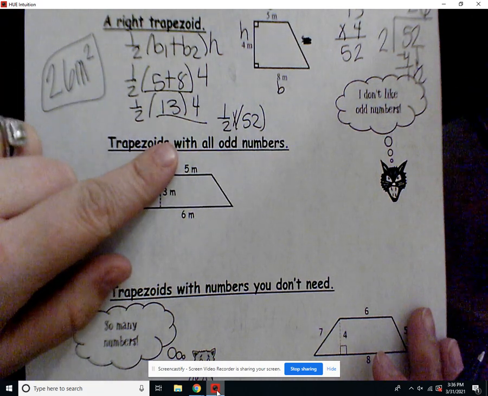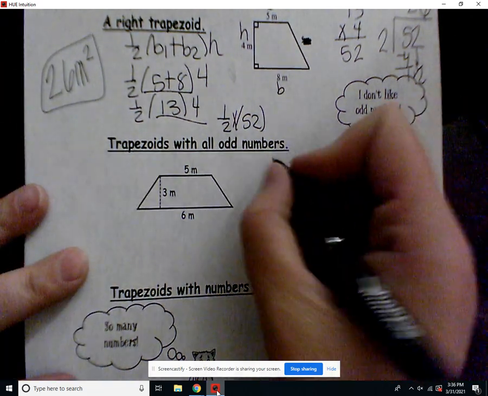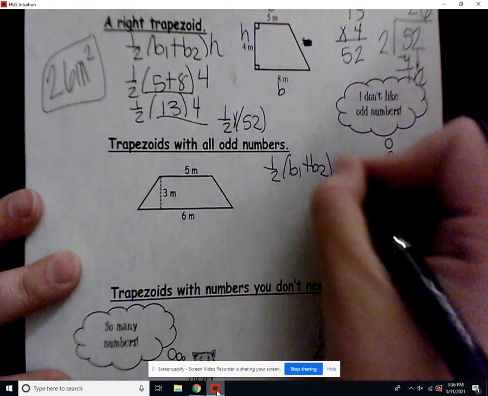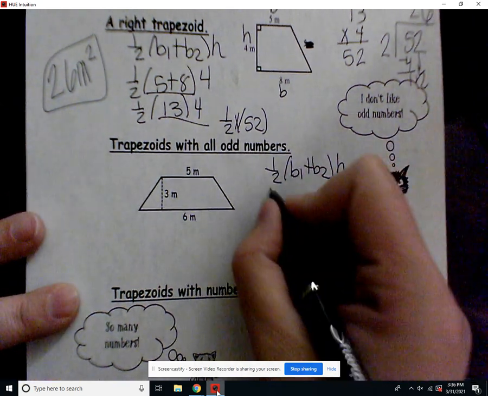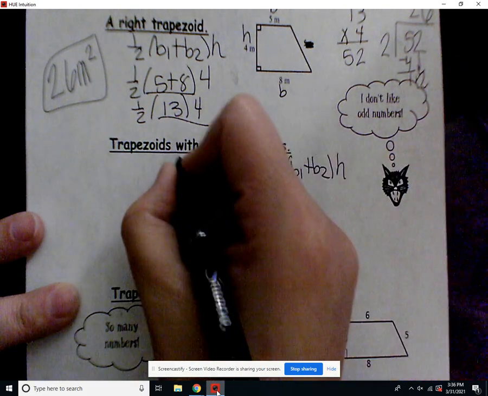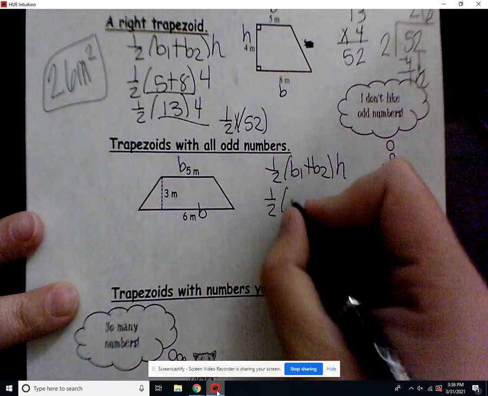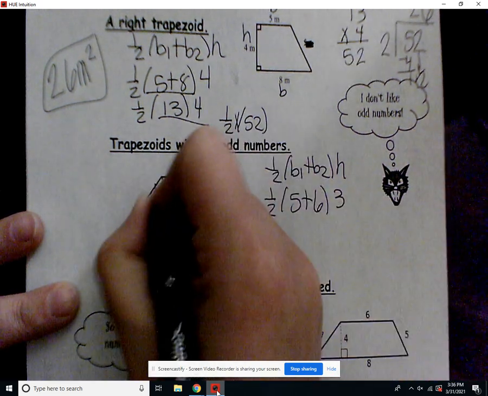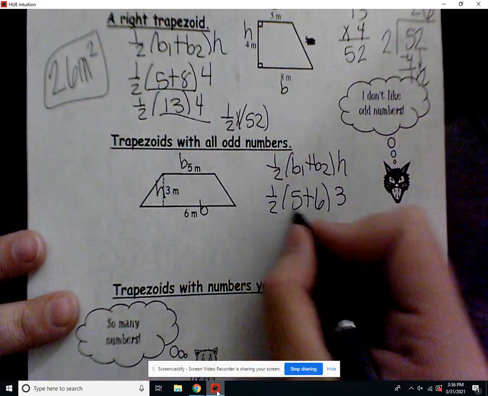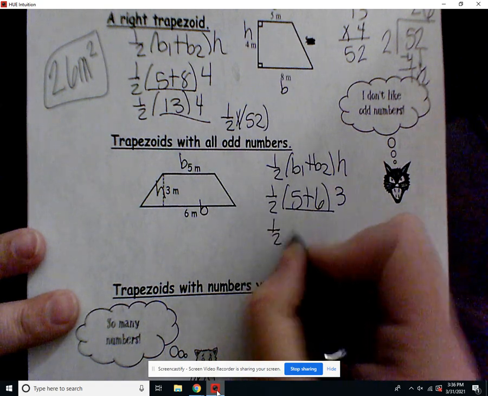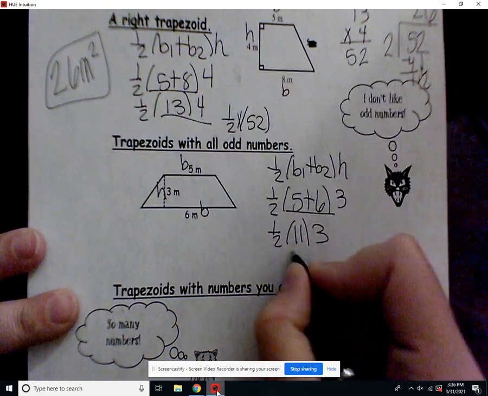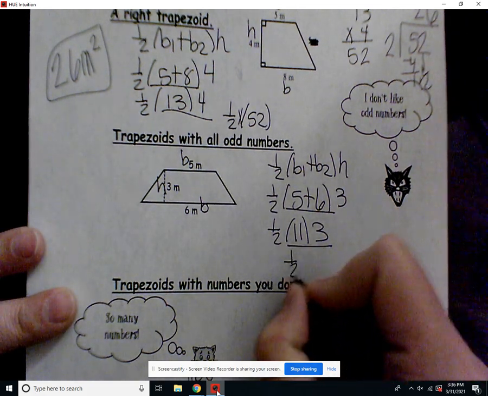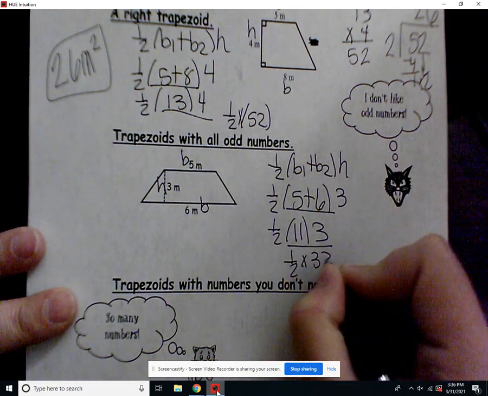All right, so trapezoids with all odd numbers. So it's solved the same way. Base 1 plus base 2 times our height. So your bases are top and bottom. So we're going to have 5 and 6. Height is 3. So we'll add first, which is 11. Then we'll multiply 11 times 3, which is 33.